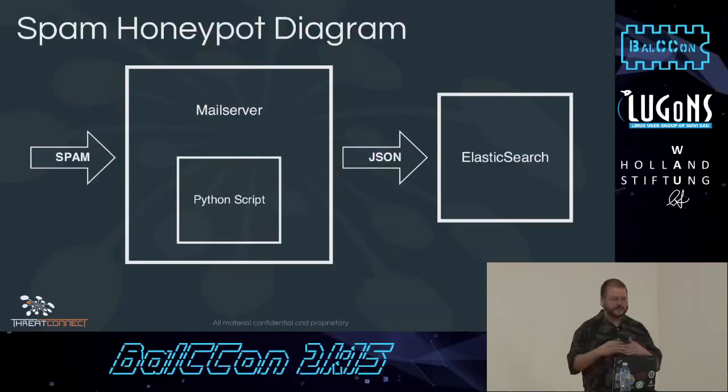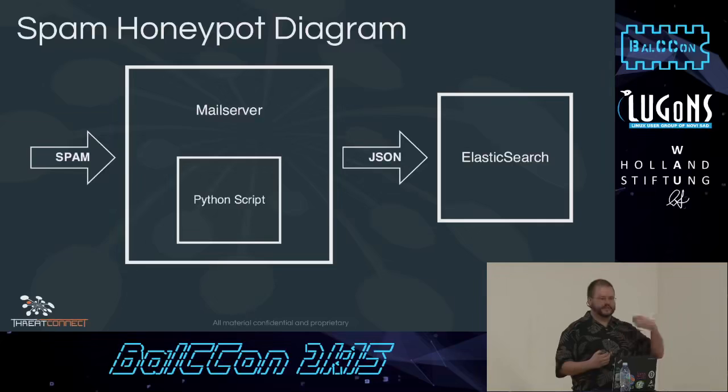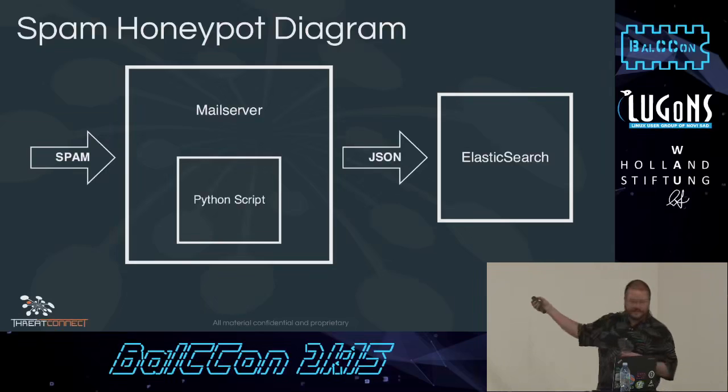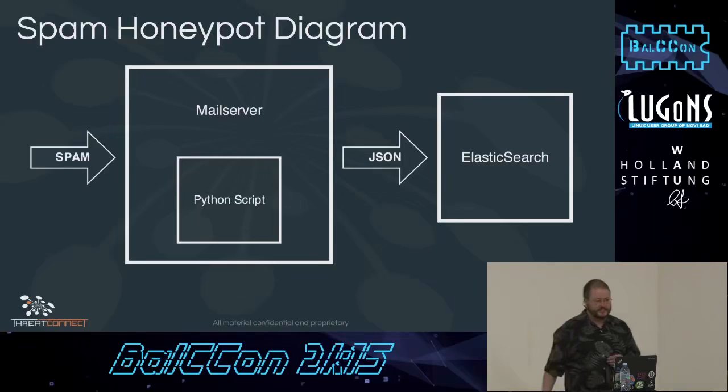You run the Python script so that every single email that's sent to this mail server is parsed and has all of the headers converted into JSON, and then any of the attachments and any of the links that are in the body are parsed out of it, and then all of this ends up being inserted into an Elasticsearch index. And this way you're able to do correlation among different IP addresses as senders, and you can also make pretty graphs as well.